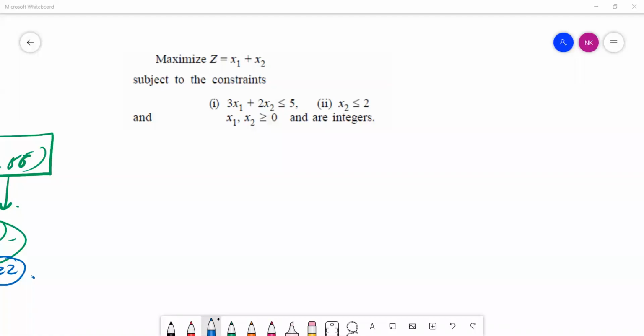That particular question should be completed in 3 to 4 minutes because you would have realized that it's already the integer based linear programming question only. The answer that you are obtaining is directly the integer. So what was the purpose of giving that particular question?